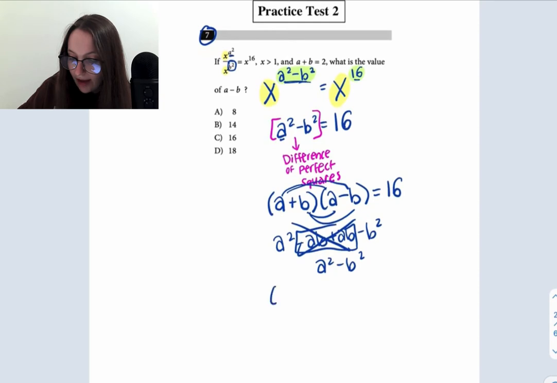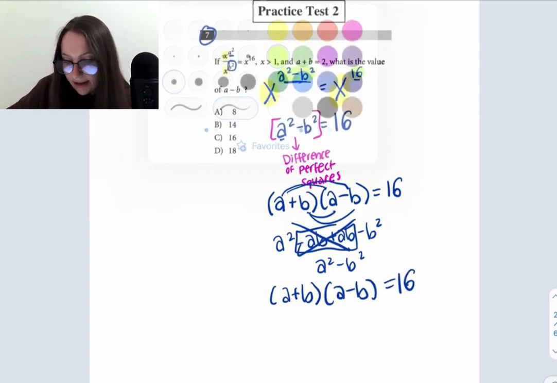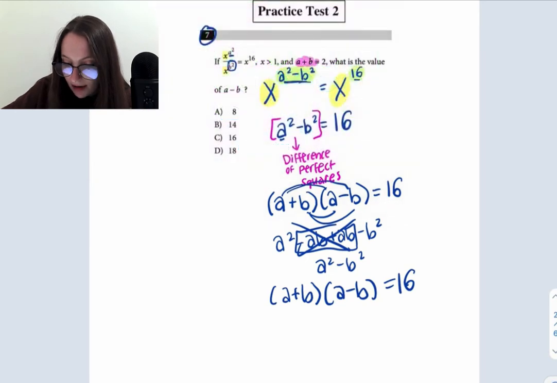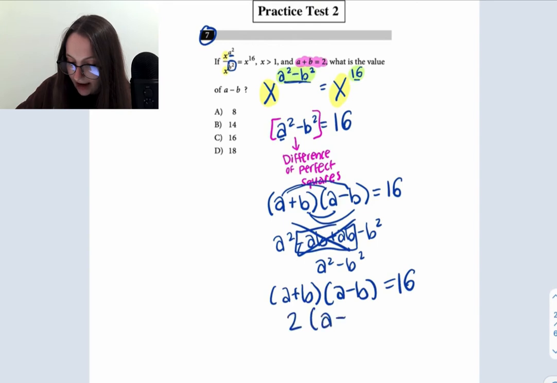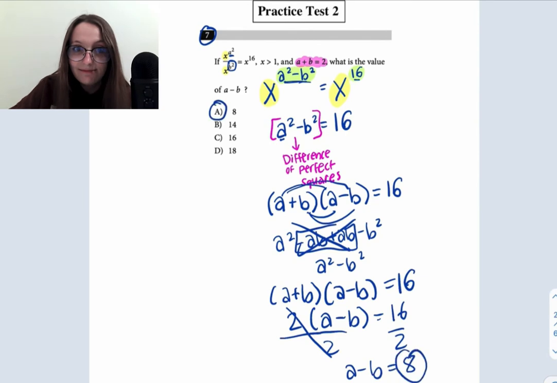So we know then that a plus b times a minus b is equal to 16, and they were so kind, thank you to the SAT, as to tell us in the question that a plus b is equal to 2. So 2 times a minus b is equal to 16, divide both sides by 2, we get then that a minus b is equal to 8, which gives us then choice A.